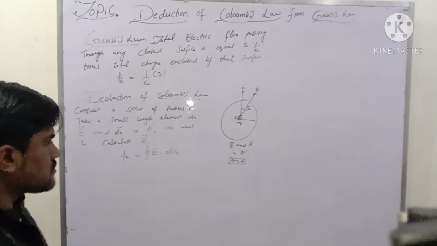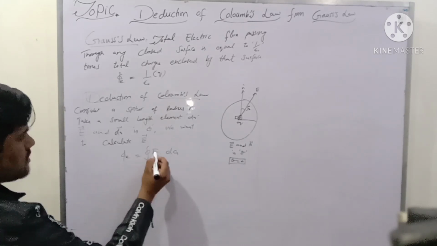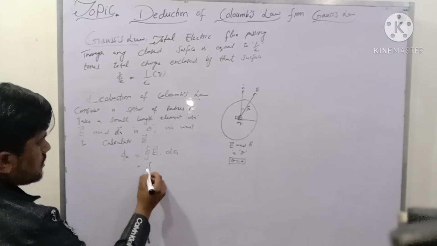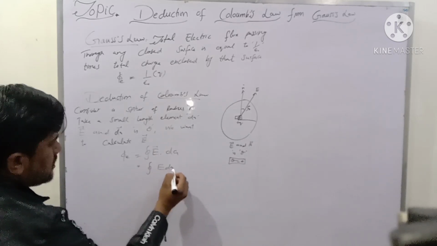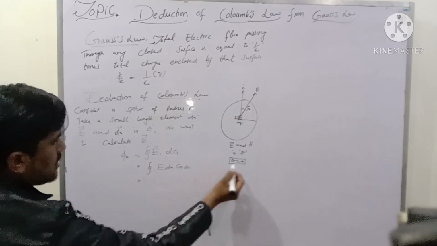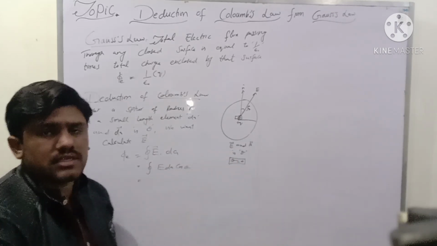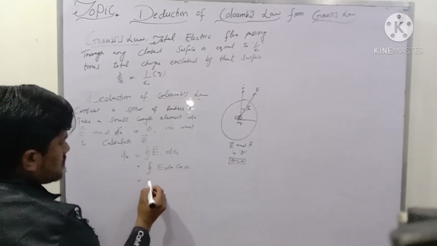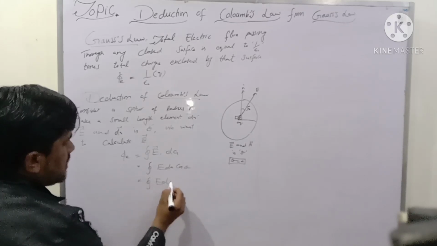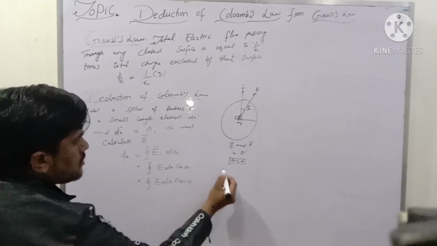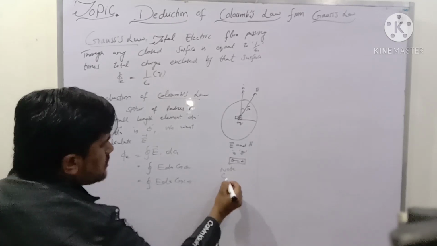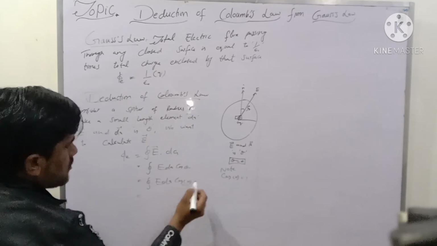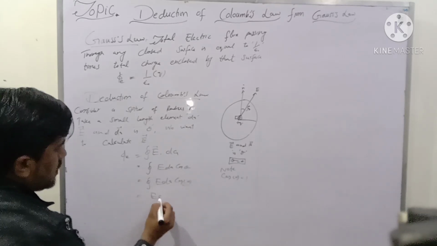Expanding the dot product, E dA cos theta, and theta will be 0 because electric field lines E and area vector dA are parallel. So E dA cos 0, you know that cos 0 is 1. Put the value of cos 0 as 1, E dA.